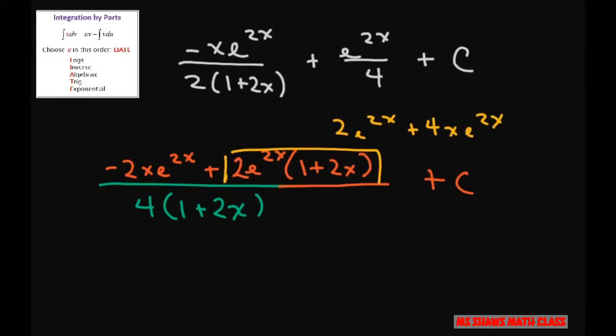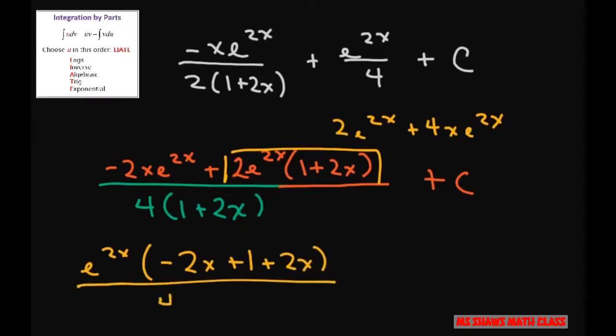So that's all of that. So when you factor out e to the 2x, you're going to get negative 2x plus 1 plus 2x divided by 4 times 1 plus 2x plus c.